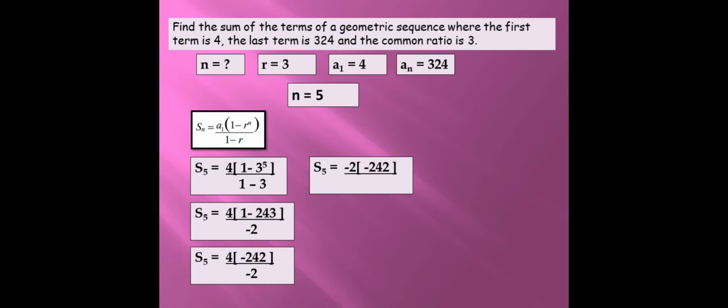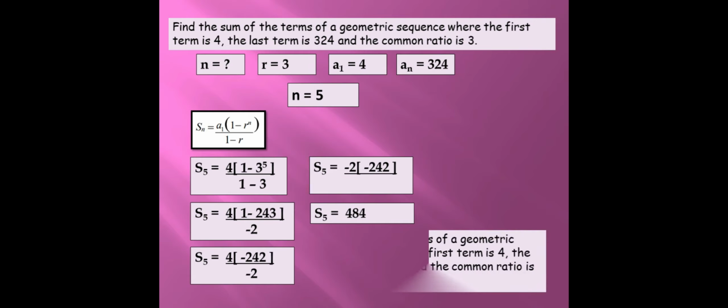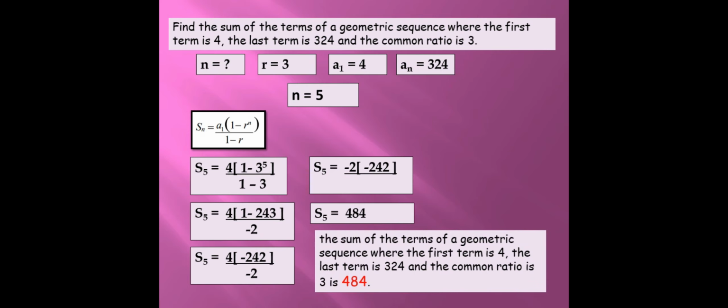Okay, so our S sub 5 now. We simplify 4 over negative 2 is negative 2, so times negative 242, it becomes positive. So S sub 5 now is equal to 484. So therefore, the sum of the terms of the geometric sequence where the first term is 4, the last term is 324, and the common ratio is 3 is equal to 484.